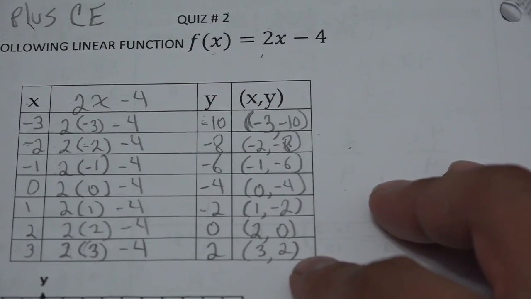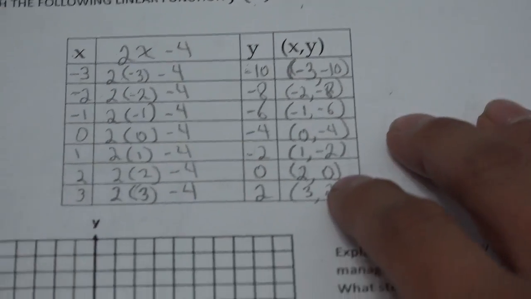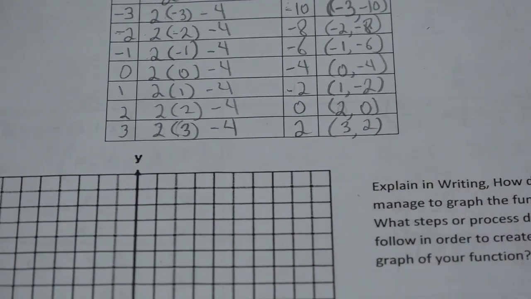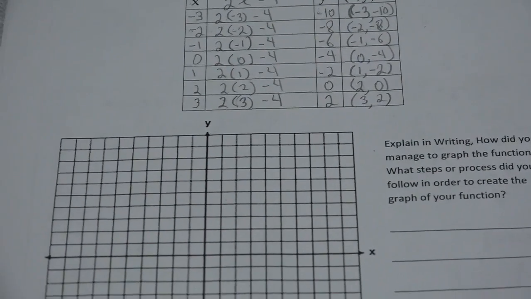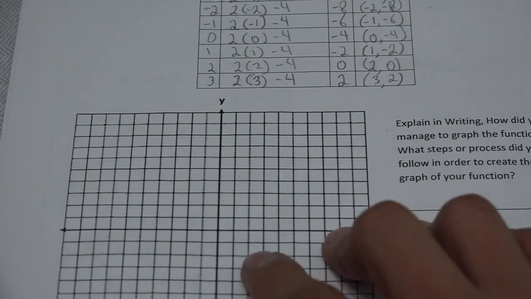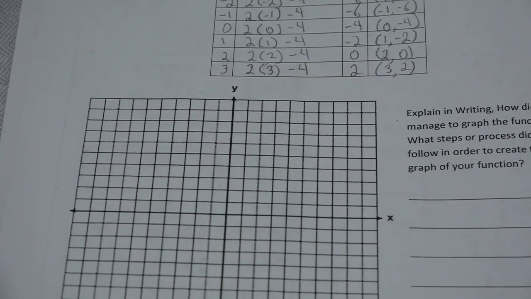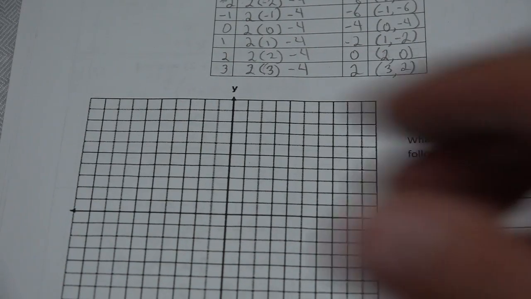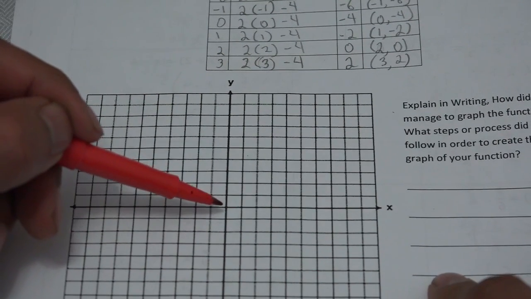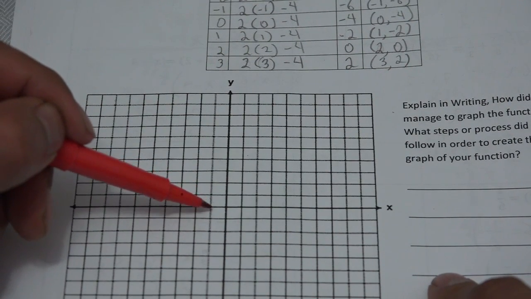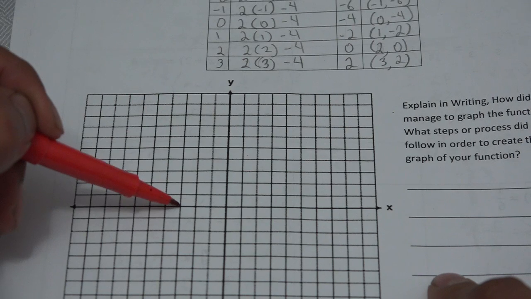Okay then. So now it's time to plot the points. So let's see. My first point is -3, comma, -10. So I'm gonna go to -3 here. 1, 2, 3, and then -10 on the y means that I'm gonna go down.